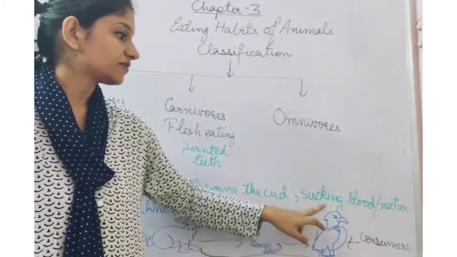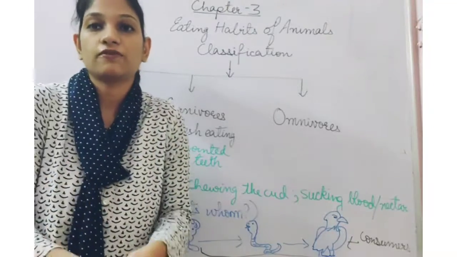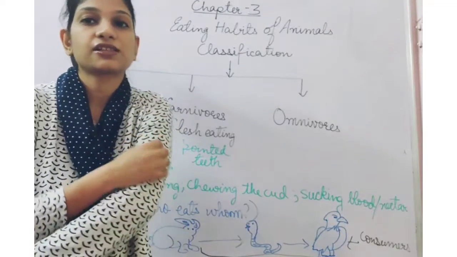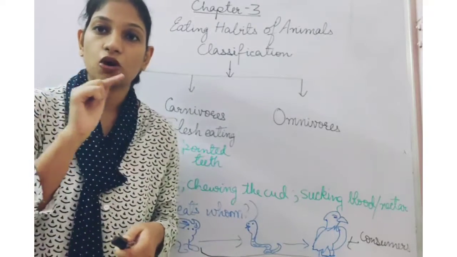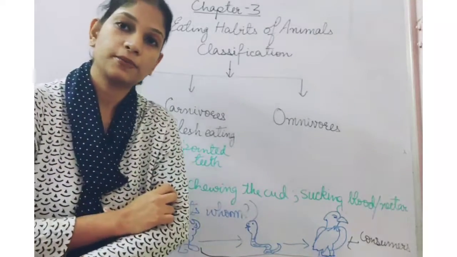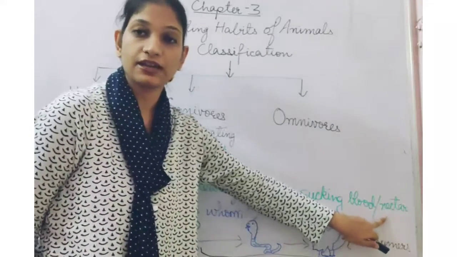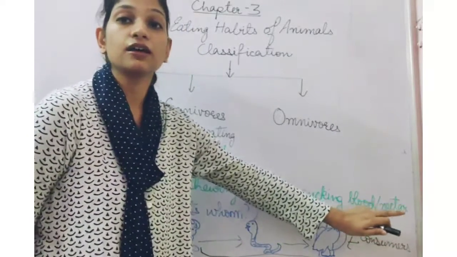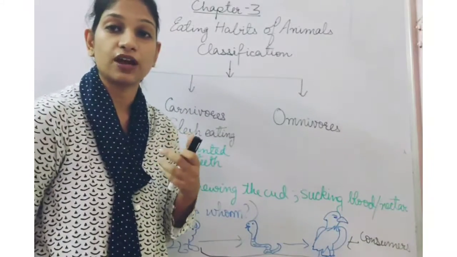Then you have sucking blood or nectar. You must have felt many times that mosquitoes come and sit on our hands and suck our blood. They have a long tube to suck our blood. And also there are honey bees, which suck the nectar from flowers.